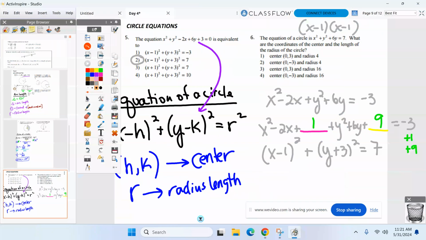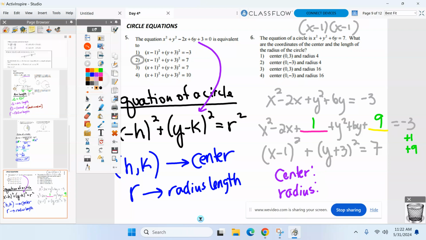Bonus, though. I have an extended question on this. I don't really think they're going to ask what's equivalent to it. What they're probably going to ask is, with that equation, find the center and radius. Using my equation, what must have been the center and the radius?